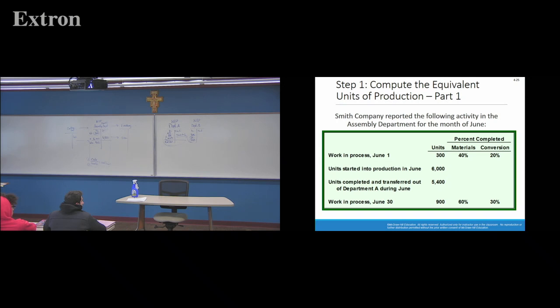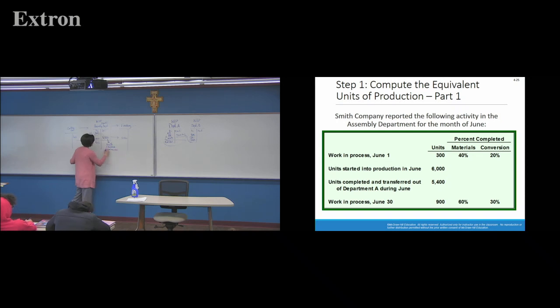But I do need these percentages. We talked about this the other day. These ending units right here, why are they still in the assembly department? Because they're not finished being assembled, right? If they were finished, they'd have moved out with the other units. So these units right here are 100% completed in terms of materials, labor, and overhead.